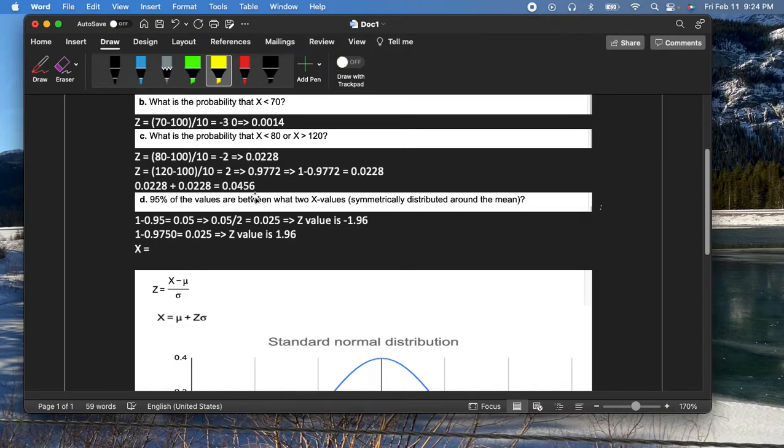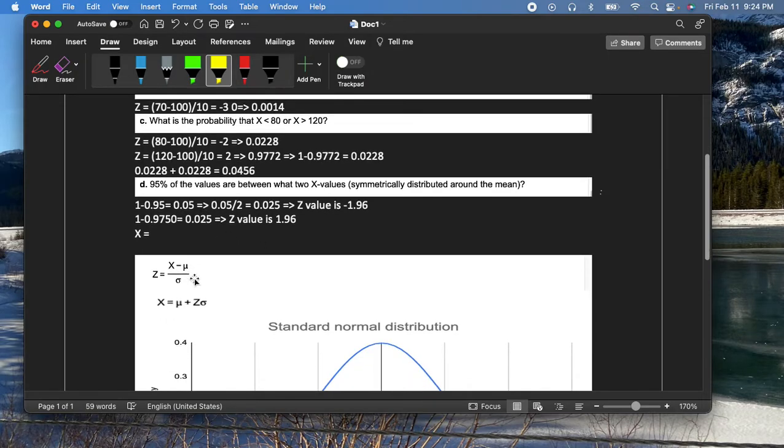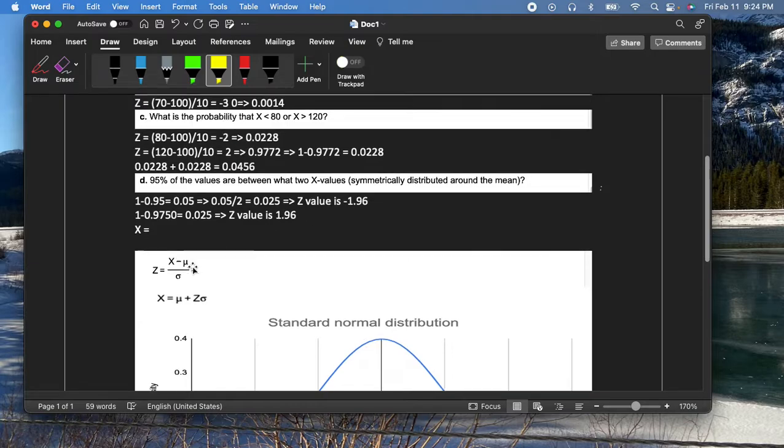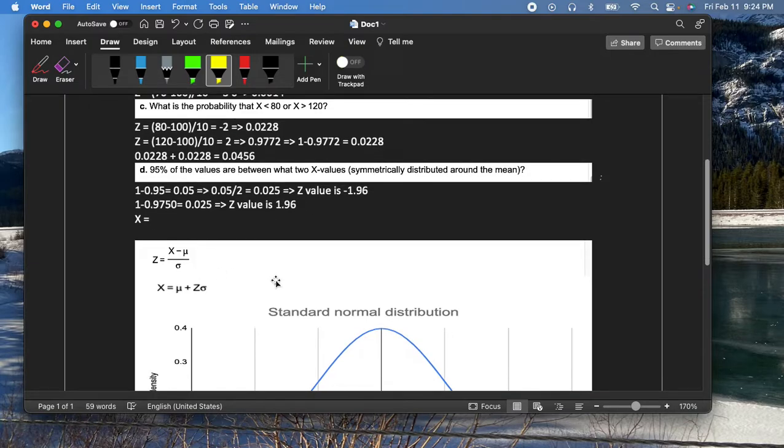Here we had the x values; now we have the z values. So we use this formula: x equals mu, which is 100, plus, in parentheses, negative 1.96, which is our z value, times the standard deviation, which is 10.